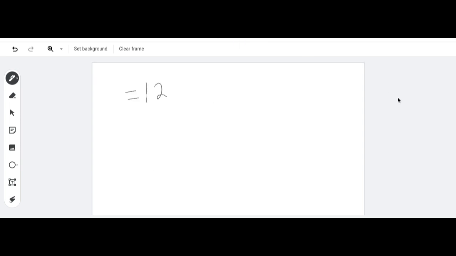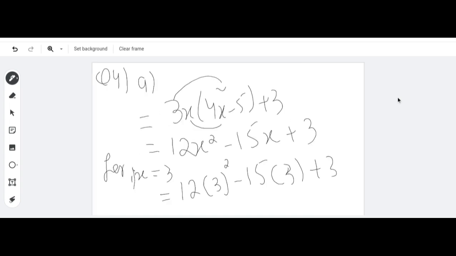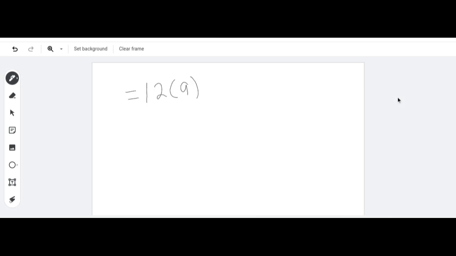And multiplying 3 with 15, 3 fives are 15, 3 ones are 3, 45. Then I have this 45 and plus 3. Now do this multiplication: 12 into 9. 2 nines are 18 plus 1, 108. So 108 minus 45 plus 3.